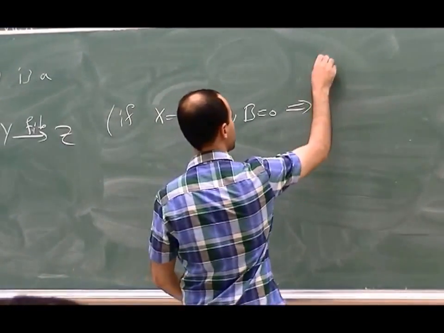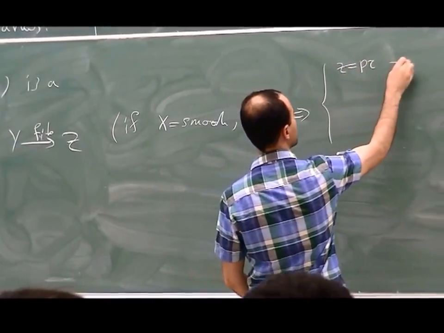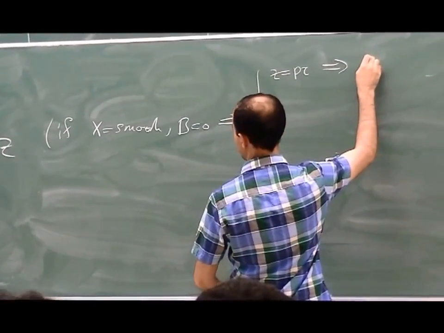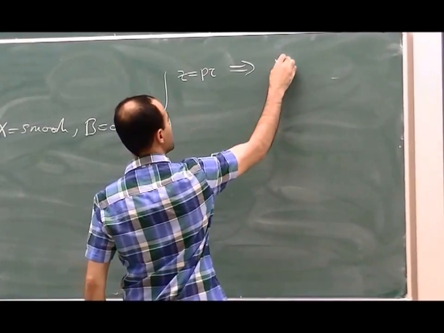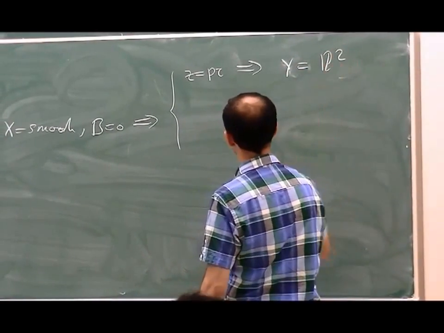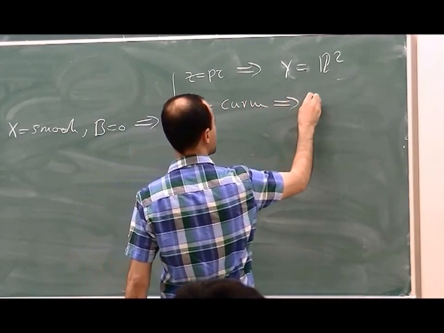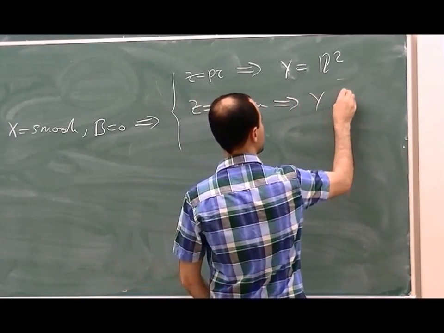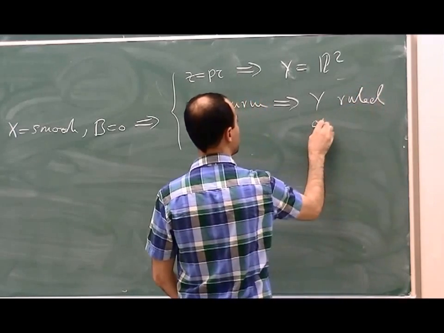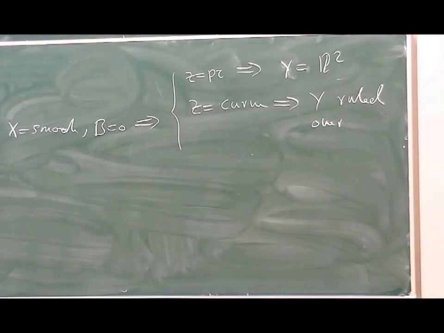So in this case, you either have a point, which means that Y should be a surface with Picard number one, or Z could be a curve, which means that Y is a ruled surface. So in other words, there's a P1 bundle over the base.